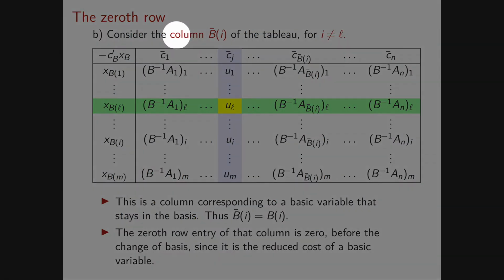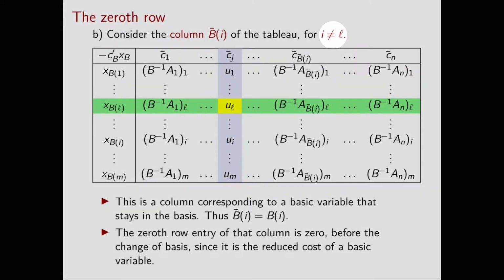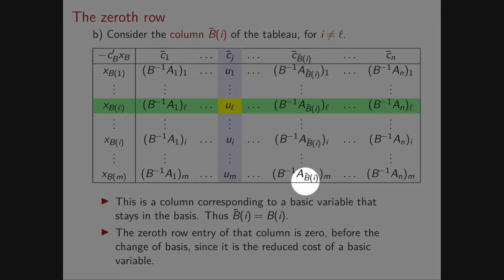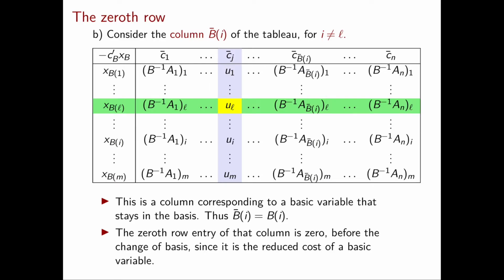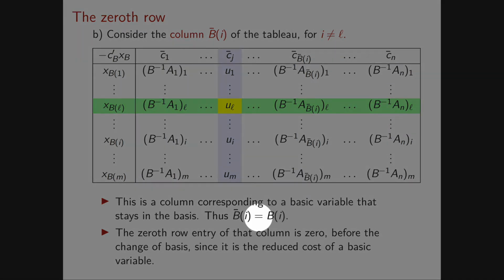Next, we consider the columns B bar I of the tableau for I different from L. In this table, we visualize this column over here. And note that this is the table at the beginning of our iteration. Note that this column corresponds to a basic variable that stays in the basis. In other words, we have that B bar I is equal to BI.